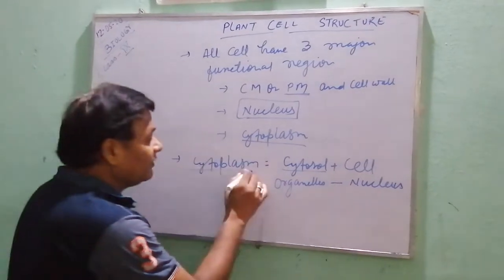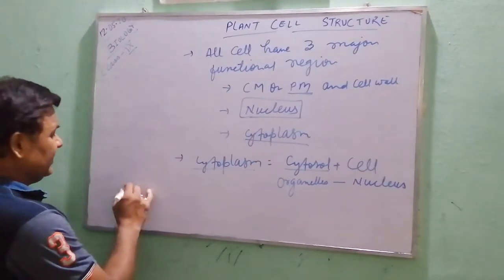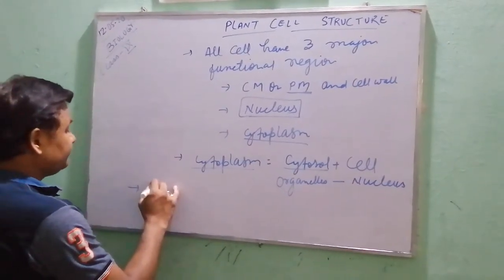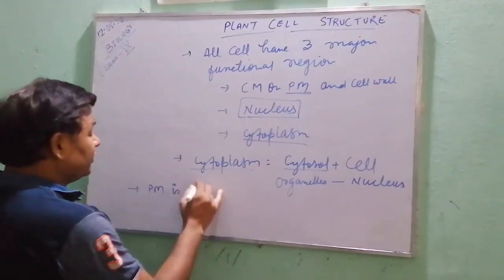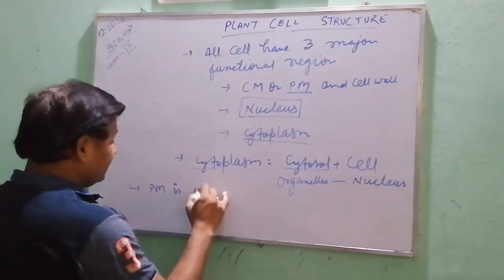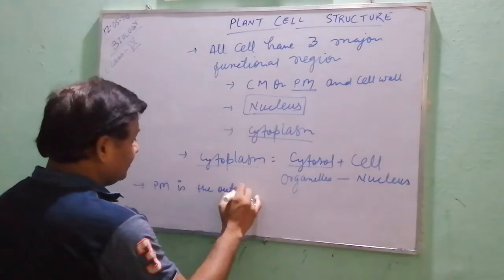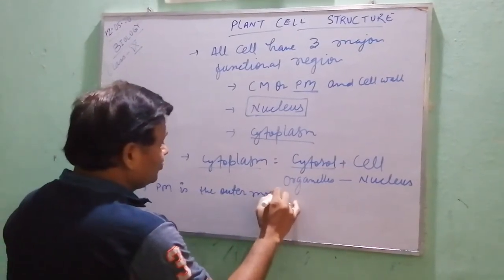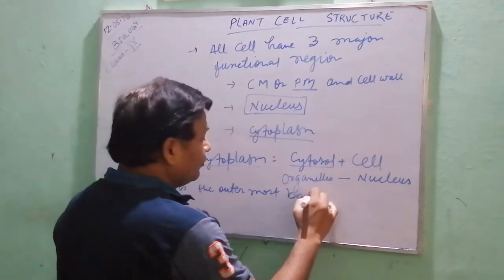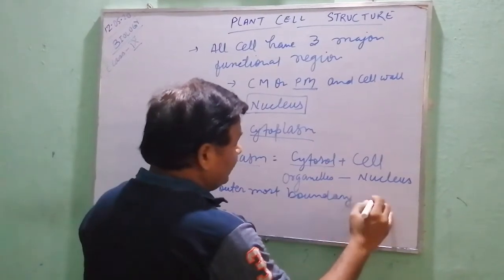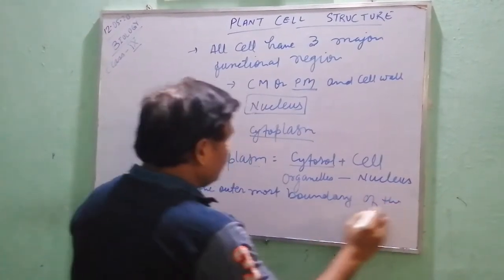The whole portion is called cytoplasm. Plasma membrane is the outermost boundary of the animal cell.